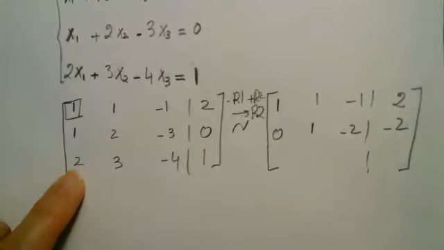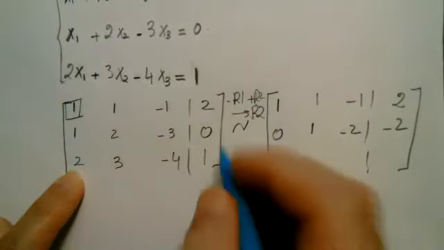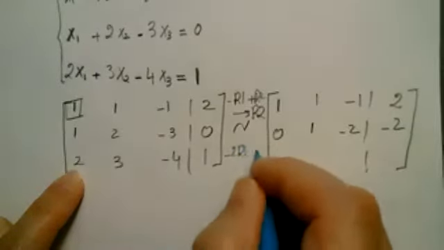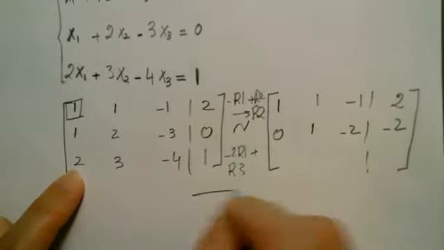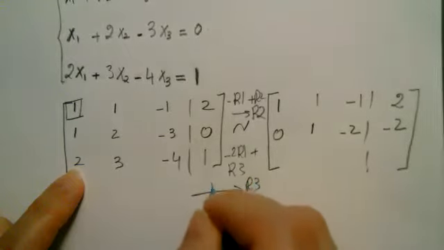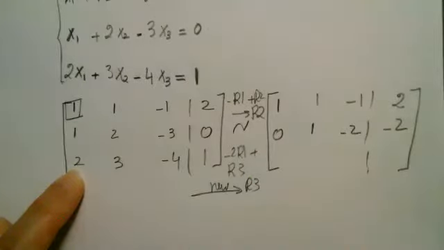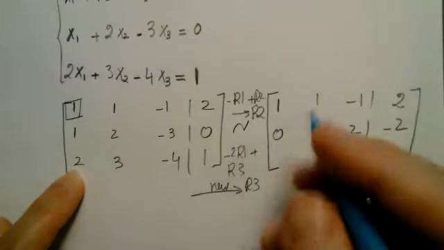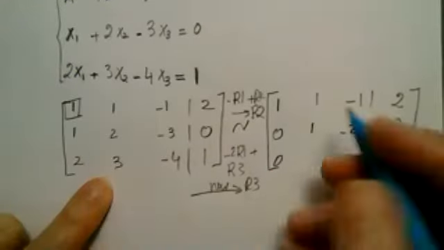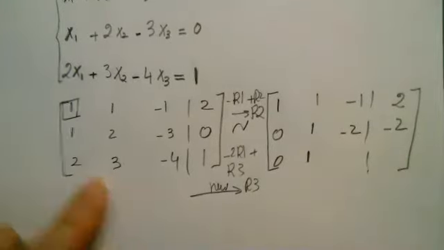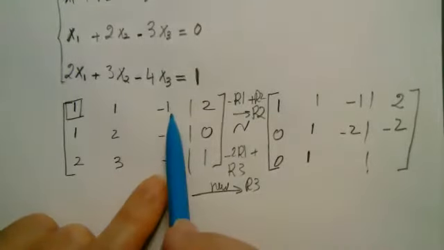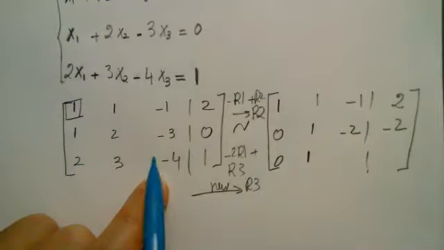Now I need to create a 0 here. I'll take minus 2 first row plus the third, and this would be my new row 3. Minus 2 plus 2 is 0. Minus 2 plus 3, that's a 1.